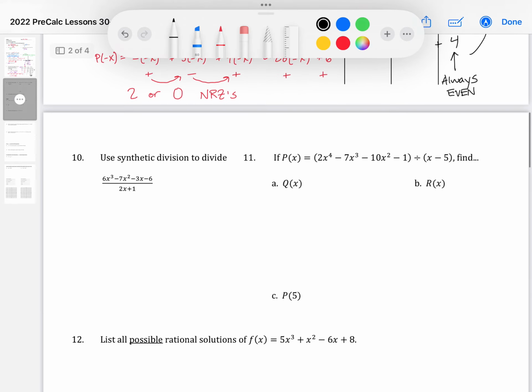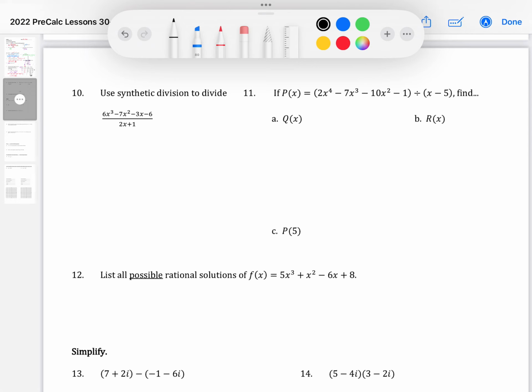All right. So now we're going to look at some division here. In number 10, we're going to use synthetic division. And if you're going to use synthetic division on this problem, remember your C value is whatever makes the denominator equal 0. So if you were going to solve that, this would be -1/2.